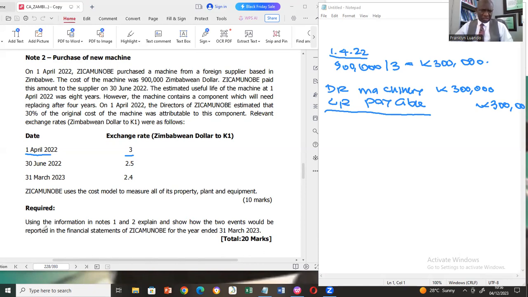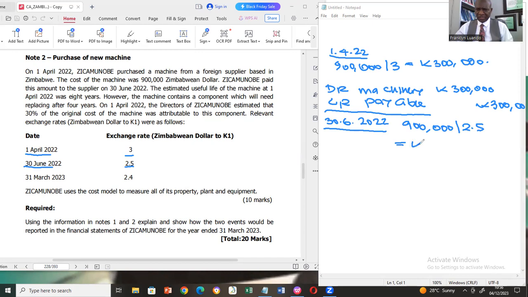So now, on 30th June 2022, it was settled when the exchange rate was 2.5. So there we have 900,000 divided by the exchange rate, 2.5.